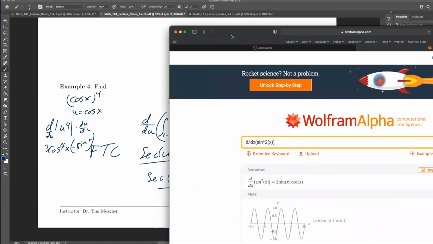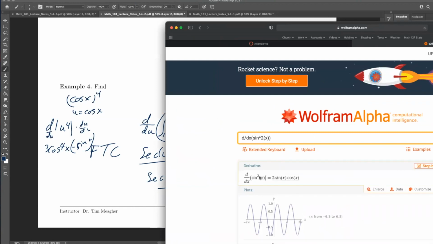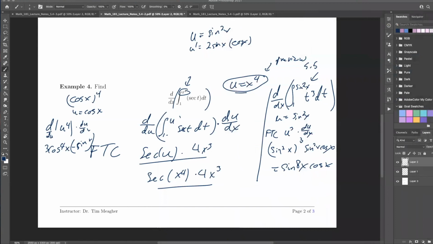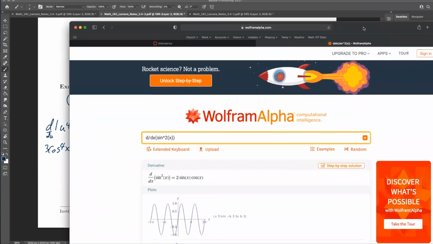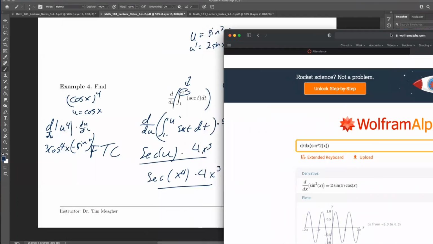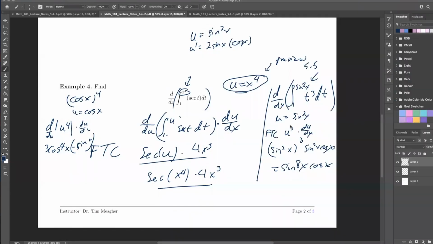So here, the derivative of sine squared of 2x is 2 sine x cosine x. Okay, so here when I plug this in, I let u equal sine squared 2x.